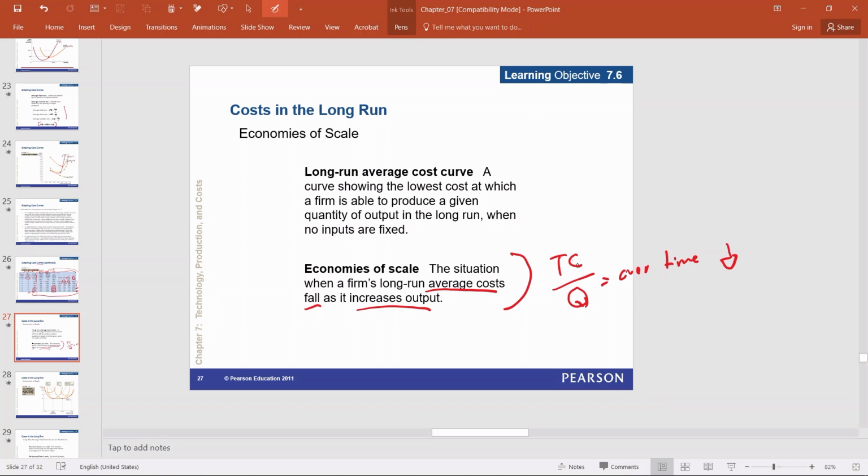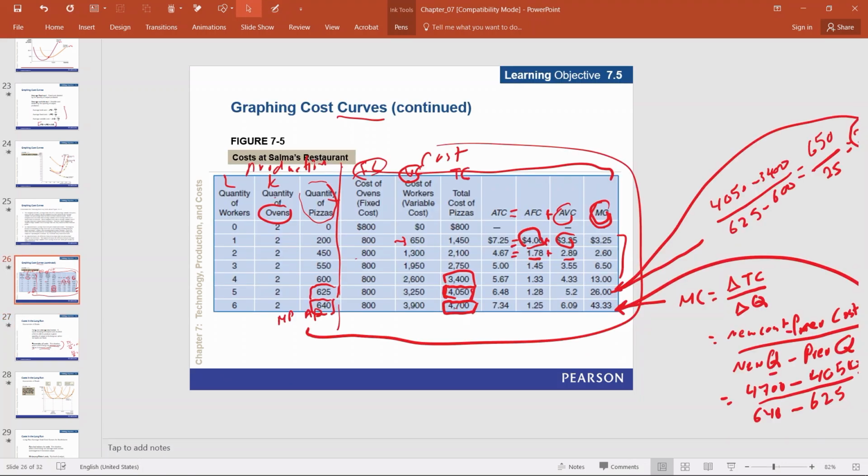This is very true when you compare fixed cost, when you divide fixed cost by Q. So if you go back to this, you just take this average fixed cost. You see that as you increase the level of production, what will happen to average fixed cost?